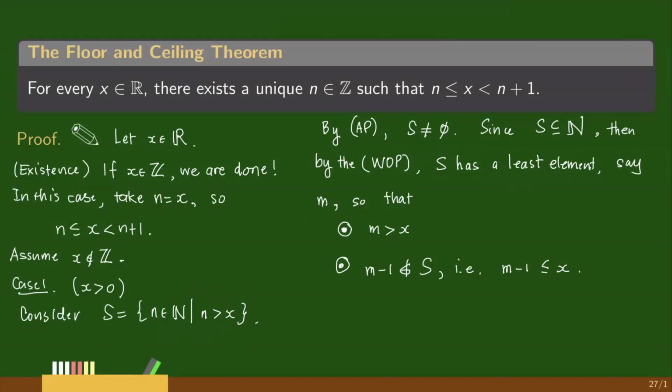Okay. Now, if you combine these inequalities, we will get something nice. Yung M minus 1 na to, it couldn't be equal to x kasi si x ay hindi naman integer. So, we simply take n, yung hinahanap nating n, to be M minus 1. If that is your n, then according to the second bullet, n is less than or equal to x. And according to the first bullet, x is less than M, but M is n plus 1.